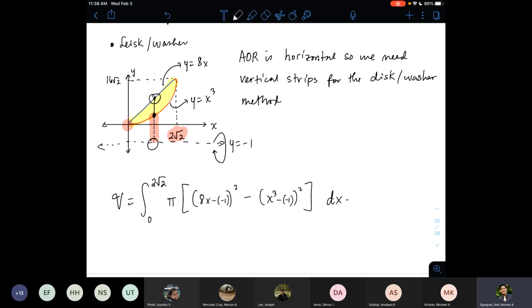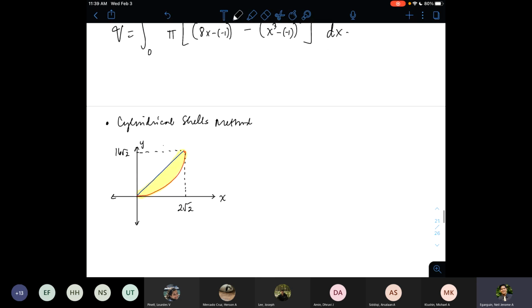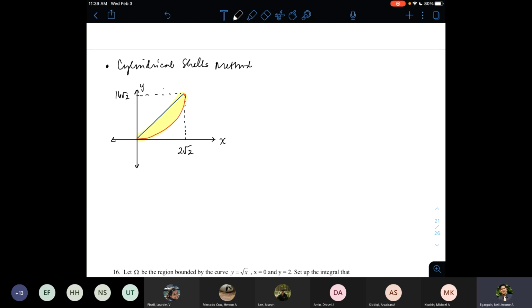So there's a way to set up the integral that will give the volume for this solid using horizontal strips. And that is the use of cylindrical shells. You might notice in this set of notes, I have space reserved for the use of the cylindrical shells. It will use the other variable because it will use the other type of strips.